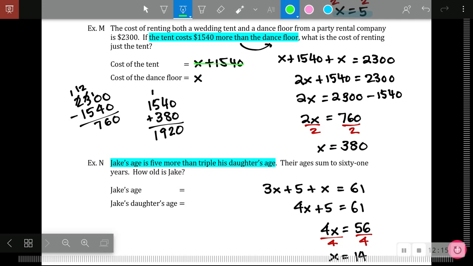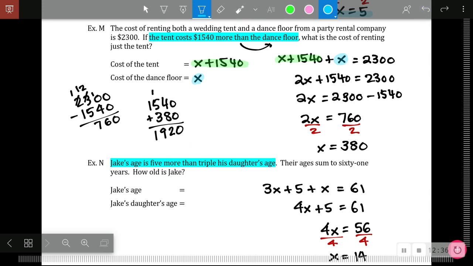Okay, it's the cost of the tent plus the cost of the dance floor adds up to $2,340. Okay, and then I solved it, and I got x equals 380. And you can see some of the extra work I had to do on the side to do that.